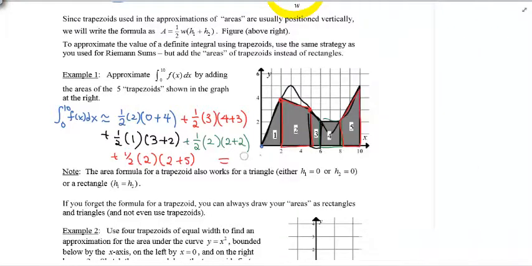I got 28. I hope you can see visually that this is probably a much better approximation than using just regular rectangles, because you'll see that I missed out here, but I had a little bit over there, so it kind of balances out.